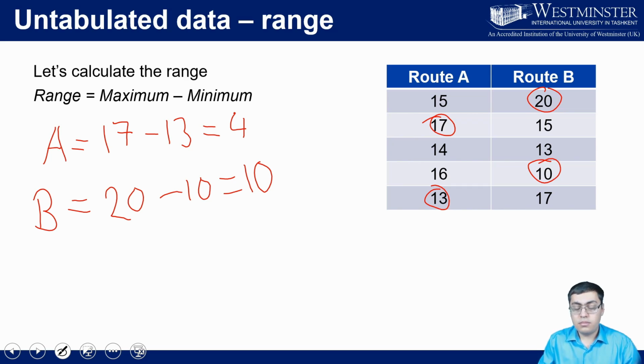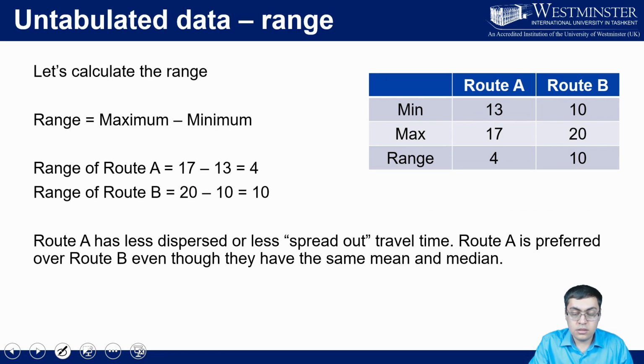So you can see from this example here that route A has a smaller range, and as a result, it's more consistent, it's more predictable, and is slightly more preferred than route B to get to the university, at least for this particular student. So this is basically a formulation of what I have just said right now.